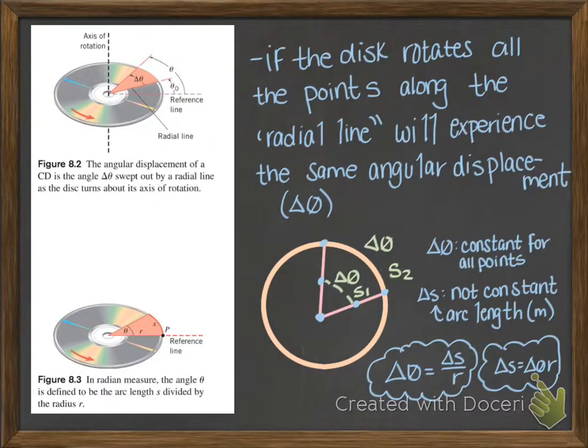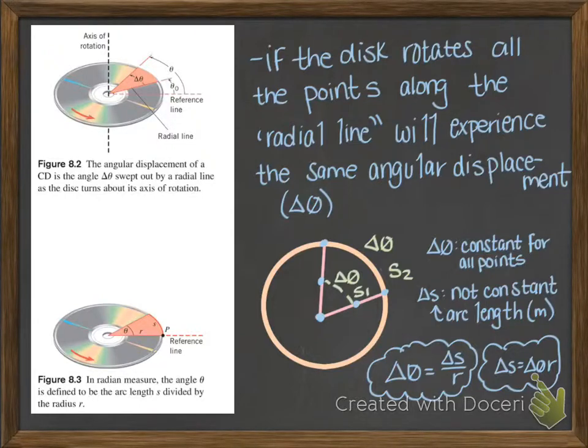So let's look at a rotating problem. If the disk rotates, all the points along the radial line will experience the same angular displacement, theta. Just because theta is constant through all points, as seen in figures 8.2 and 8.3, it doesn't necessarily mean that the sides are all going to be the same. So it's not a constant arc length.